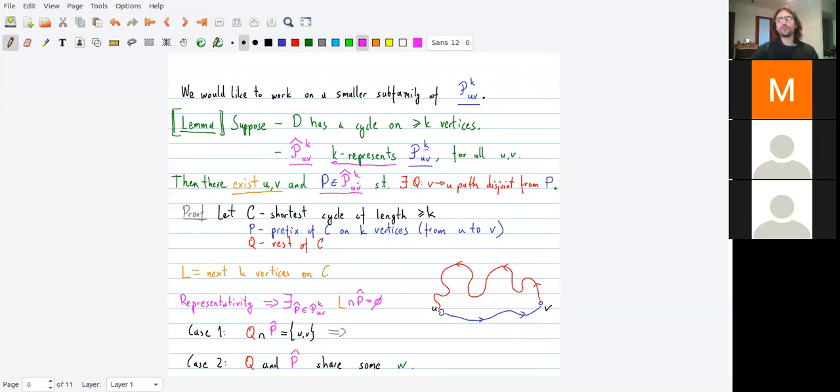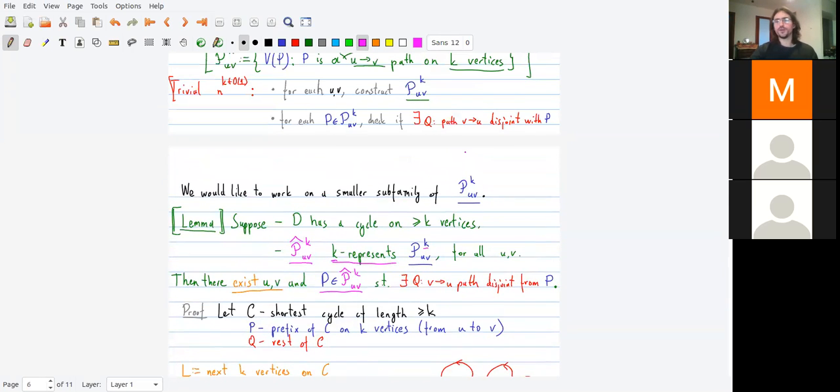So if I prove this lemma, I actually can improve this algorithm as follows. Instead of looking at the full family P_UV^K, I look at the family P_UV^K hat. And instead of looking through all the k paths from the families P_UV^K, I look at all the k paths P from the representative subfamilies.